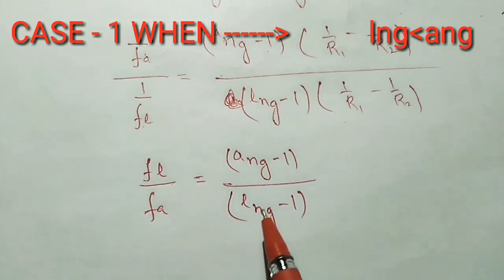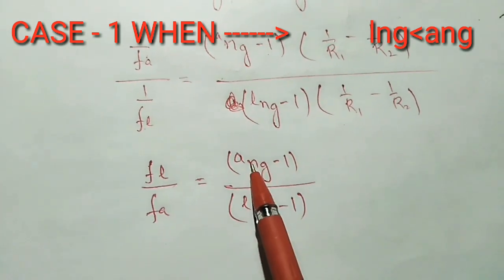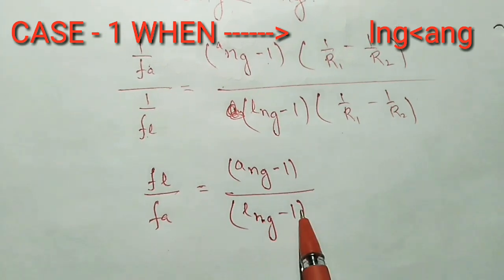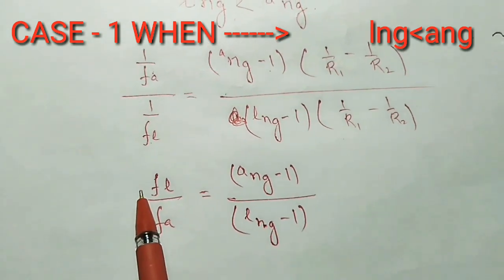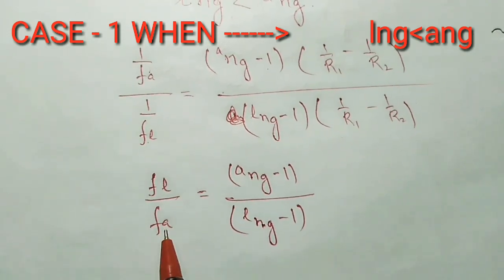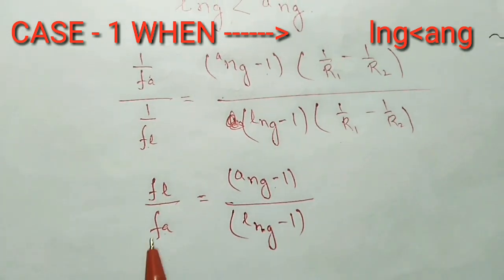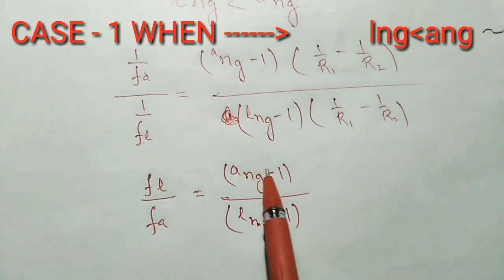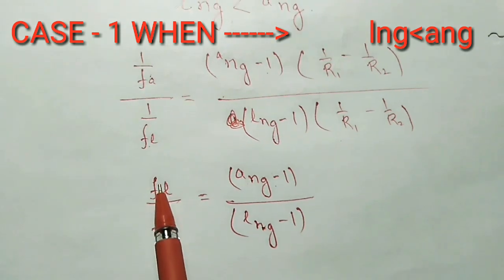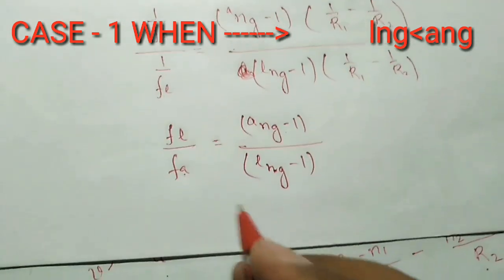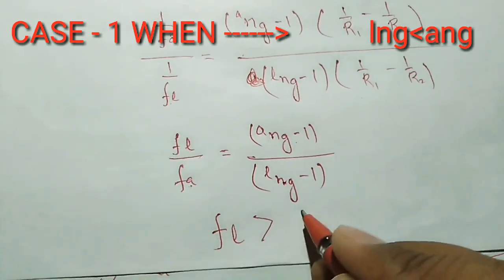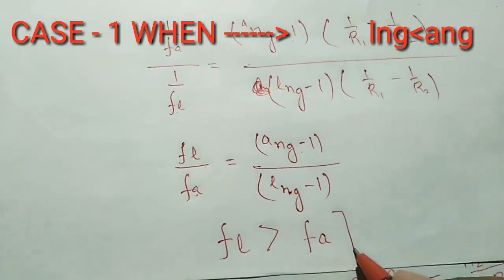You know that Lng is less than Ang. So after minus 1, the denominator is the lesser value and the numerator is the greater value. The ratio will be the same, so Fl is greater than Fa.